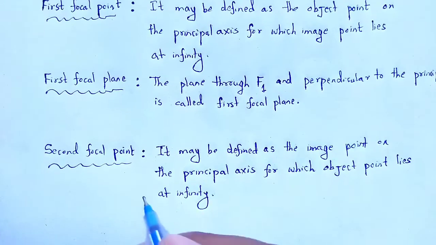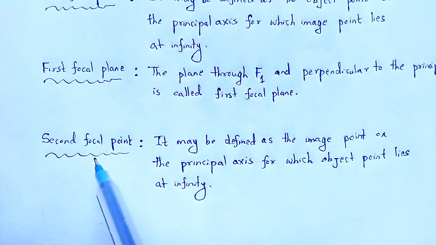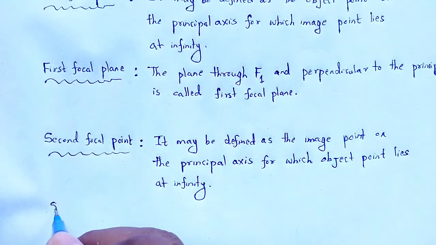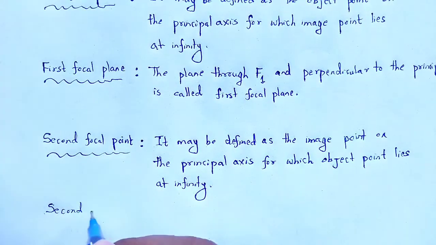Again, the plane passing through the second focal point is named as the second focal plane.